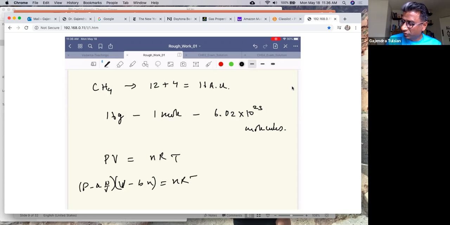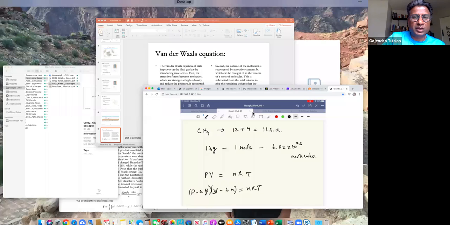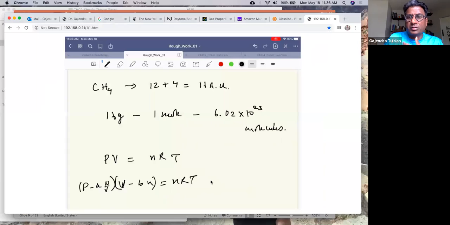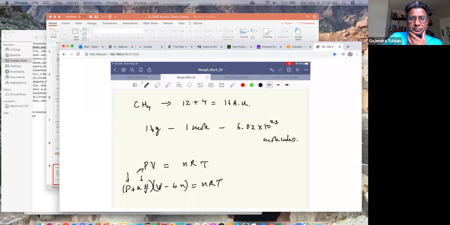That term has to be positive because the measured pressure is less than the ideal pressure, and the actual pressure plus this correction term gives you the pressure in the ideal gas law.